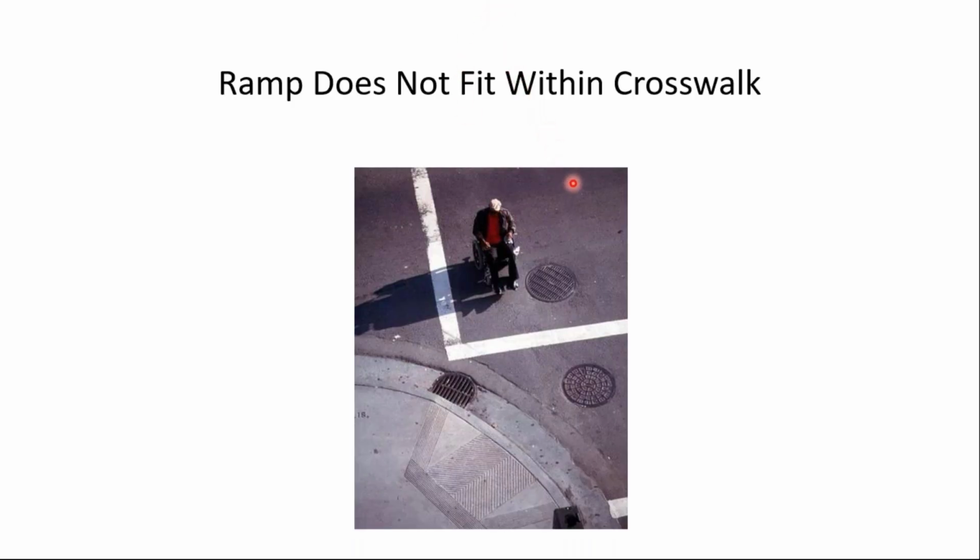Traffic is coming this way, so he can't even keep an eye on the traffic that's a potential conflict or danger to him. And so to get into that ramp, he has to do this kind of maneuver. So that's one of the issues with the single diagonal ramps and why we should be using either perpendicular ramps, parallel ramps, or blended transitions.